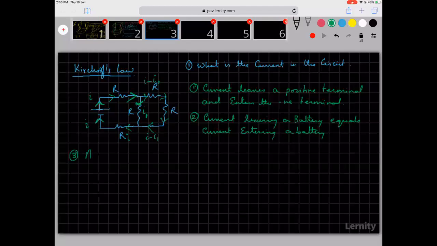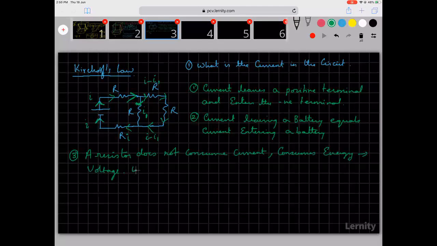Please understand that a resistor does not consume current. What does a resistor do? It consumes energy. And where do you see energy? You see energy in voltage.